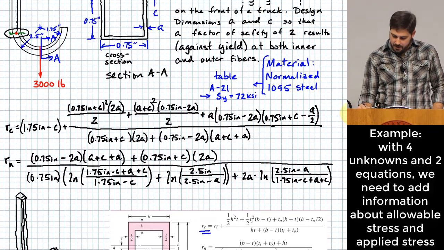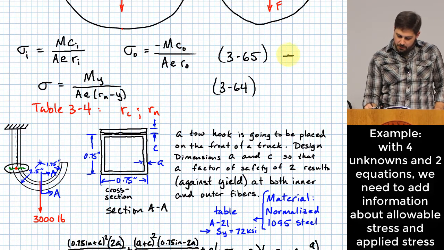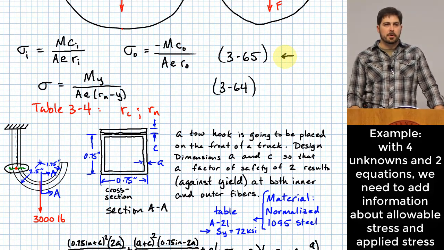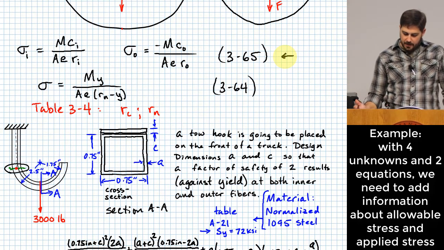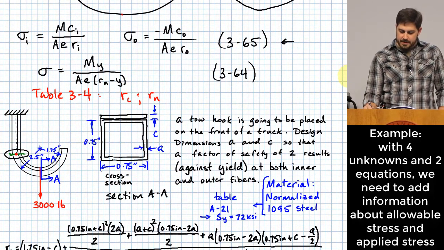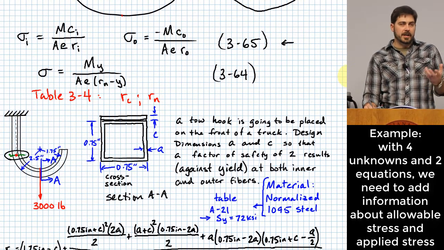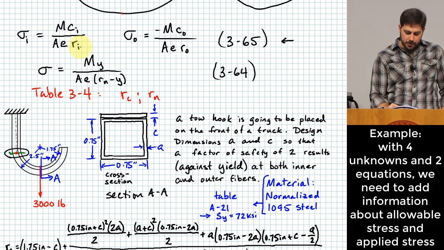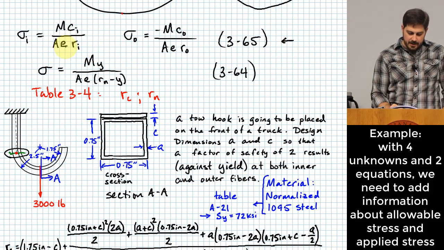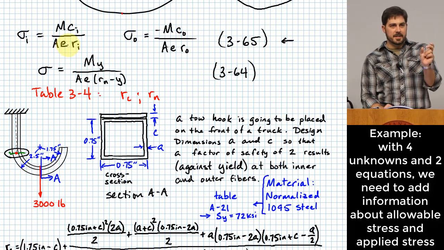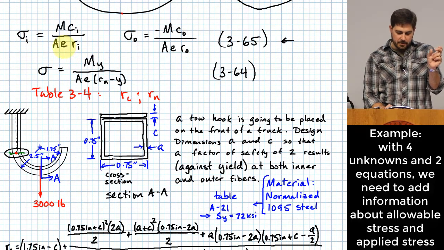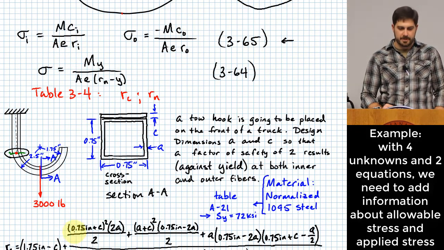We actually go back up here and remember that we have equations for stress at the inner and outer fibers of a curved beam. We're going to use these, and use the piece of information about material strength and factor of safety, to get another couple of equations. E is just the difference between the centroidal radius and the neutral axis radius. So that's something we can express in terms of these values down here.